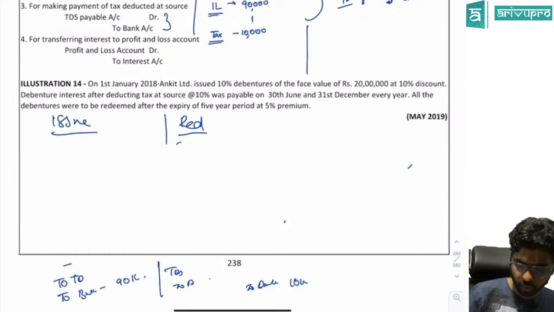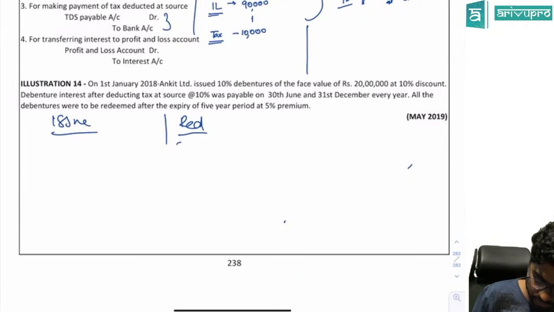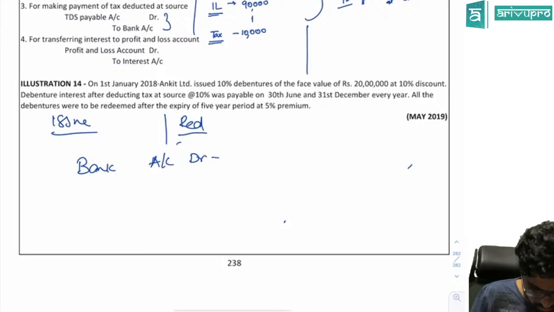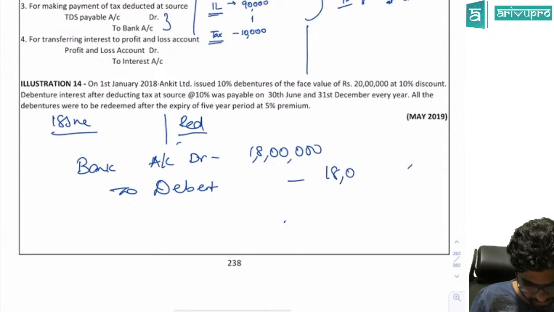Look into it. When you're issuing debentures, what's going to be the journal entry? Bank account debit 18 lakh to debenture application 18 lakh.